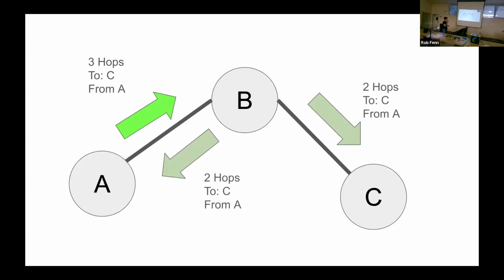A also receives it, but it doesn't retransmit because it knows it's its own message. It's not going to resend its own message, and the intended recipient is going to stop it because it knows it's intended for it.